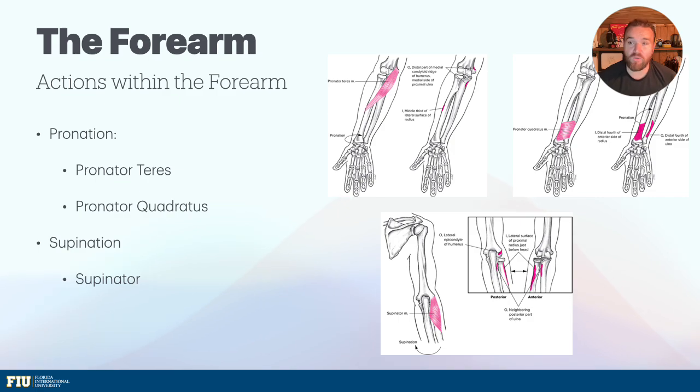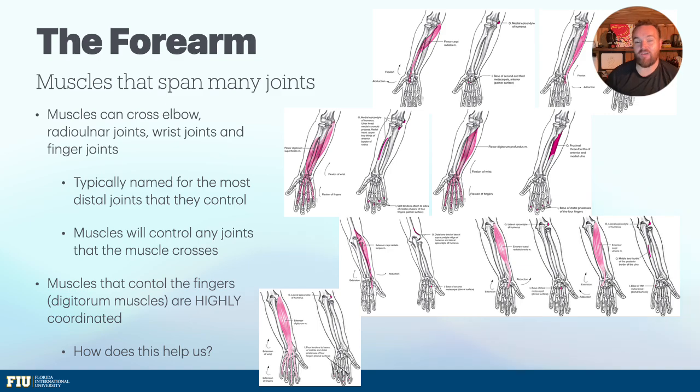So again, when we're talking specifically about the forearm, there's really not much that we're going to be talking about in terms of the muscles and the movements and all that kind of stuff. 2 movements, 3 muscles, done and done. But with everything else, there's a lot of connections that come into play here. And that's where we get onto this slide right here, right? The forearm muscles that everybody thinks about are these muscles that span several joints.